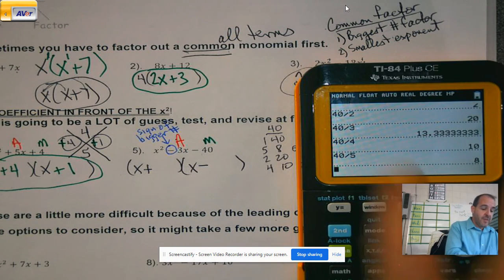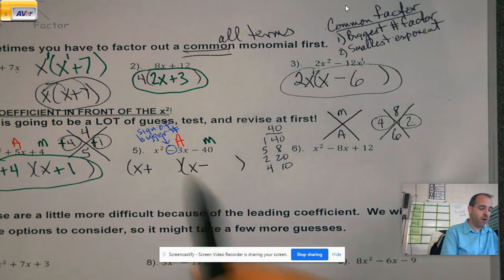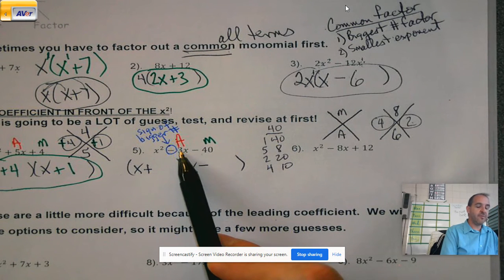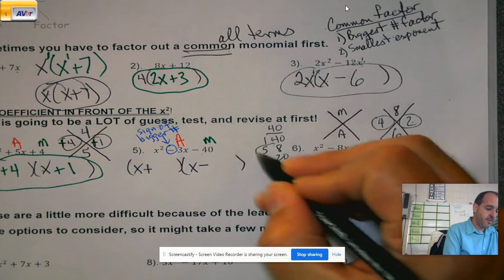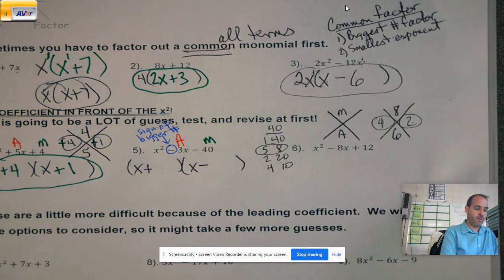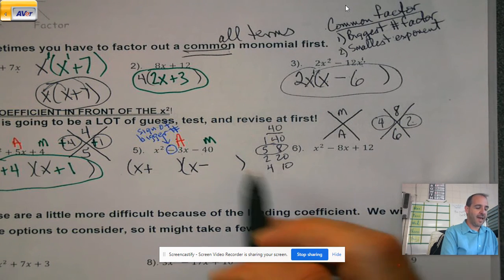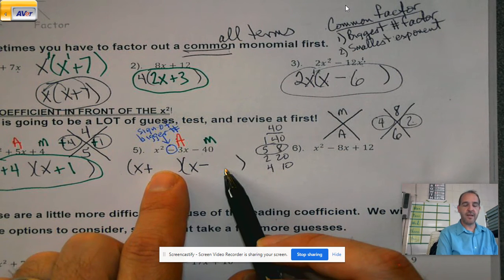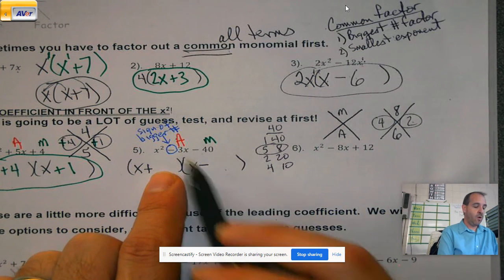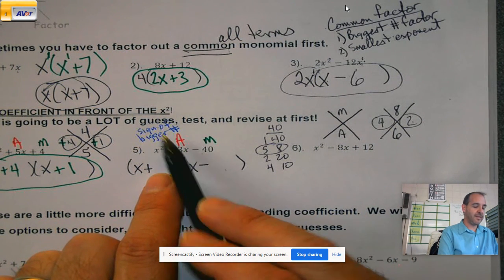Okay, so once I get here, here's what I'm looking for. I'm looking for the ones that are 3 apart. Okay, that negative in the middle tells me how far apart are the 2 numbers I'm choosing. Those 2 numbers are 3 apart. And this is why I like to think ahead on things, because now I don't have to go, well, where's the 5 go and where's the 8 go? Whatever the sign in the middle term is, that's going to be the sign of your bigger number.